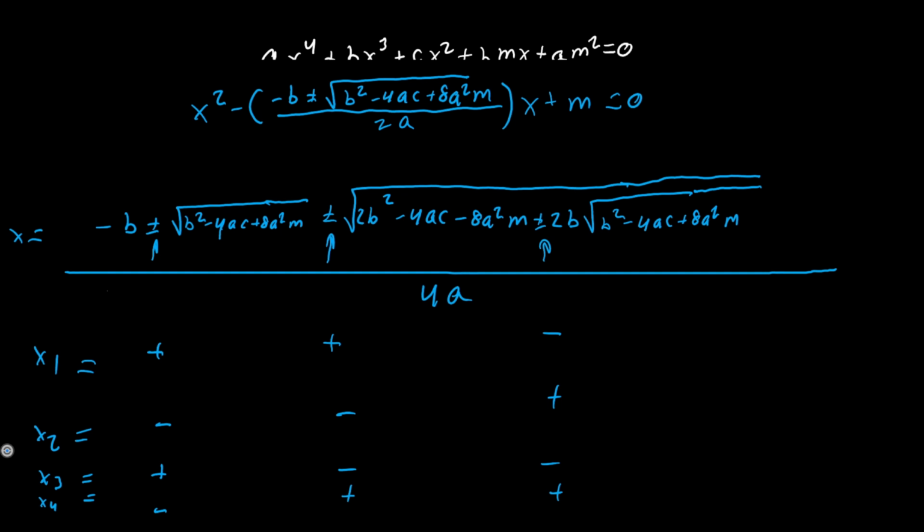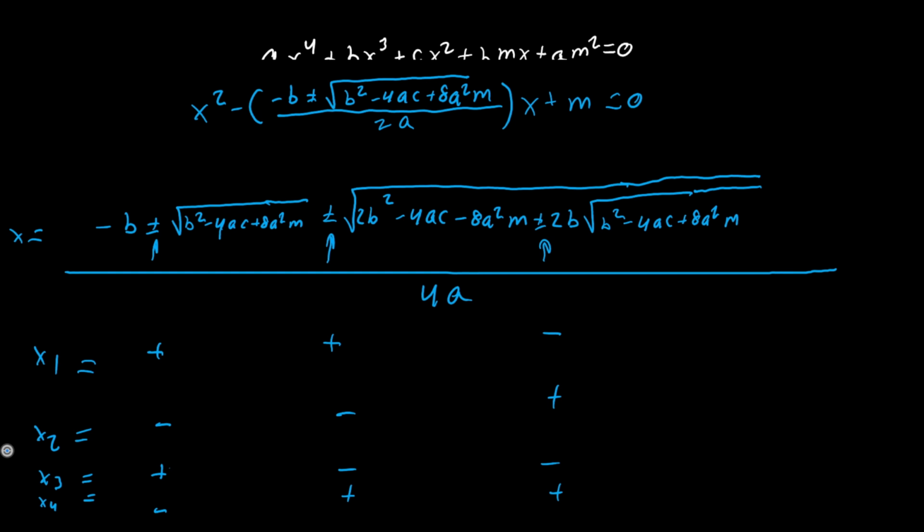So when using the formula, we will have minus b plus the square root of dot dot dot plus the square root of dot dot dot minus 2b times the square root of dot dot dot. And the same thing goes for the second solution: minus b minus the square root expression minus the square root of 2b squared dot dot dot plus 2b.